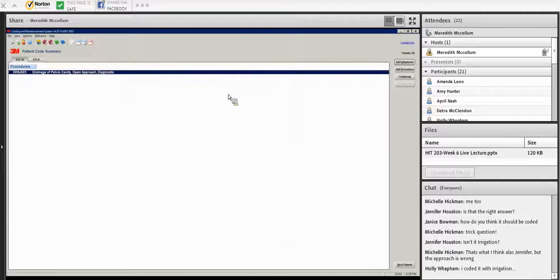So our first code, which is the pelvic washings drainage, is pelvic washings is drainage of the pelvic cavity, open approach. Yeah, Holly, you can't code it with irrigation, though, because of the approach. You're opening them up, and if you go irrigation, which I agree that that's the appropriate root operation. However, it doesn't have the appropriate option to do open, and the patient was definitely wide open.